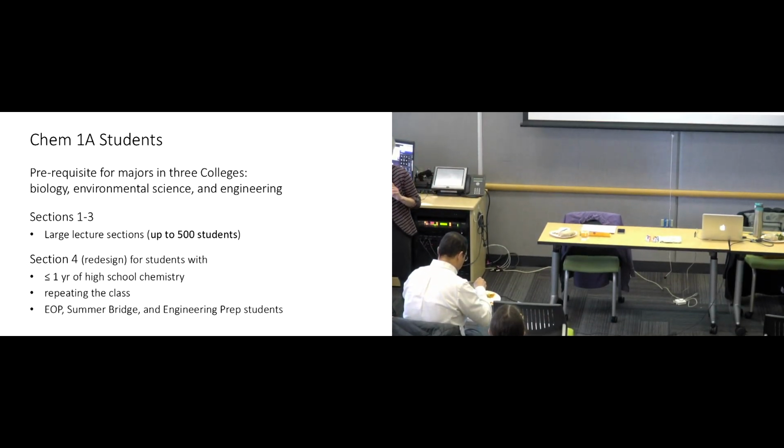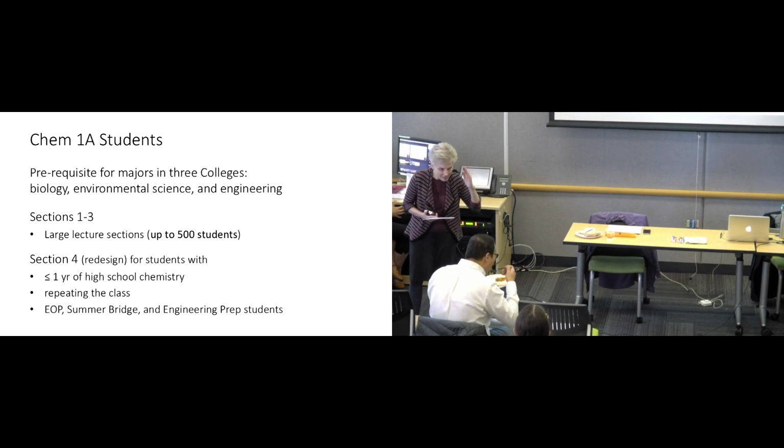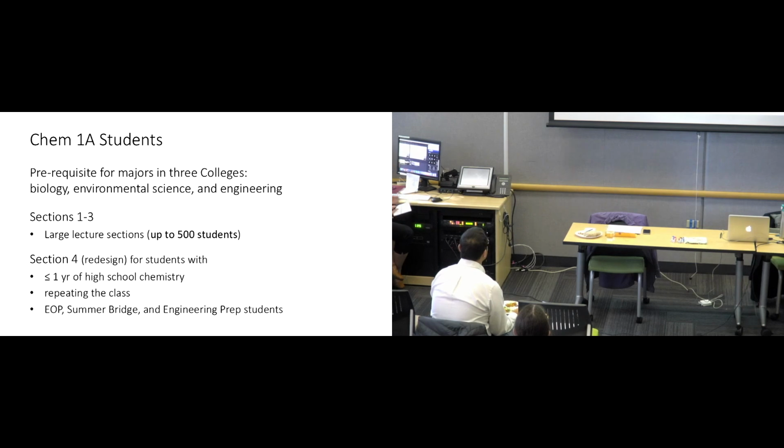We did that on purpose. It is the 4th section of the same class, all right? It is not remedial. It is not a different class. It is a different way to teach the same material. We chose on purpose students who had less than 1 year of high school chemistry. That's a proxy for being in a school that didn't offer a lot of AP classes.